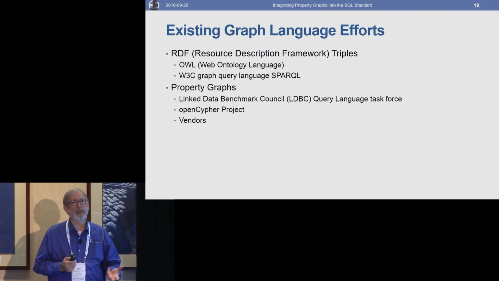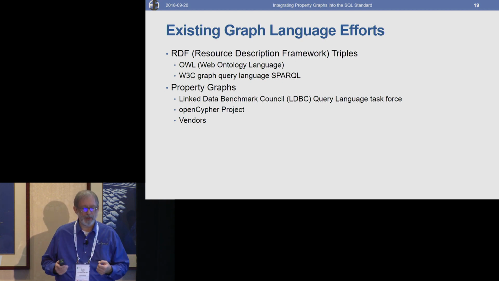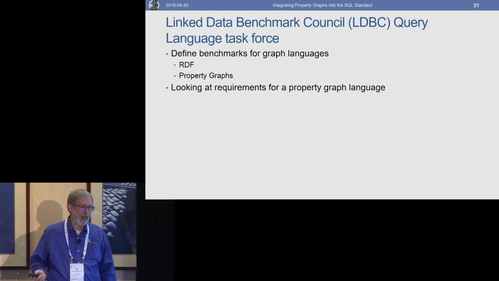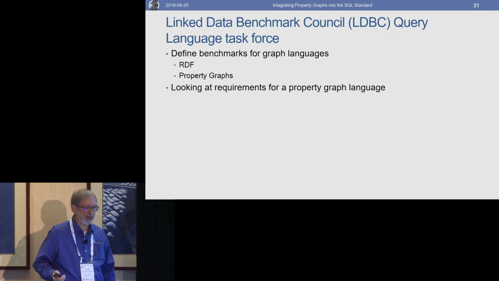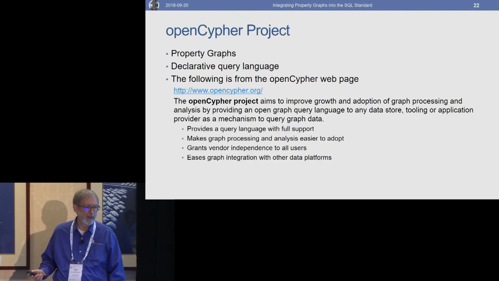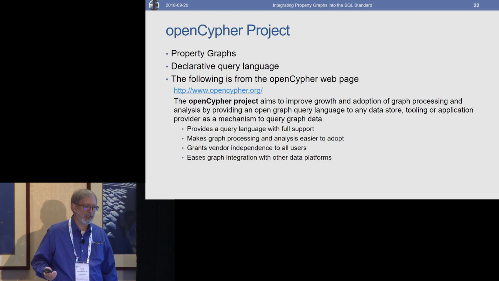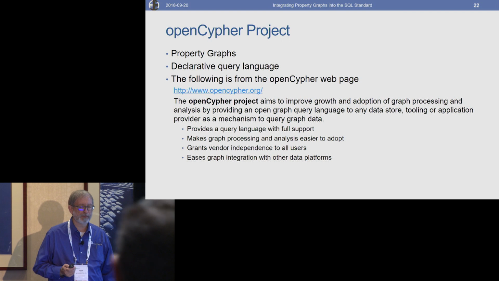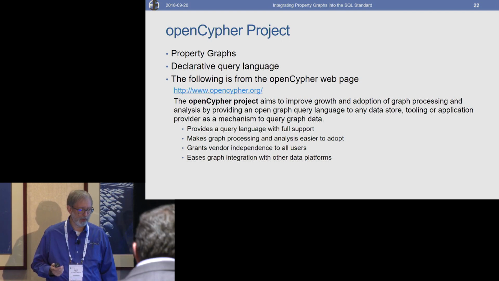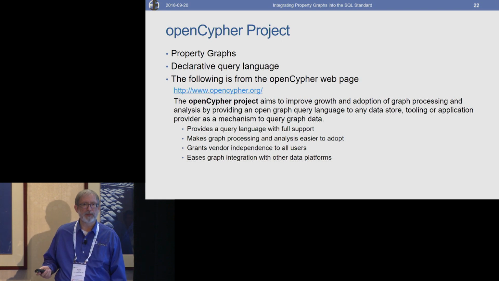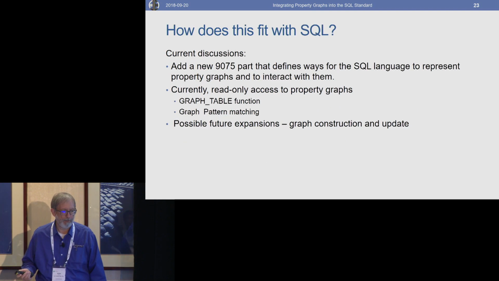There's the Open Cypher Project, and there are a number of vendors that are working on property graphs in particular. LDBC has some benchmarks and has been looking at requirements for a property graph language. The Open Cypher Project has been working on a declarative query language and has done some work. And Neo4j has been sort of involved in Open Cypher.